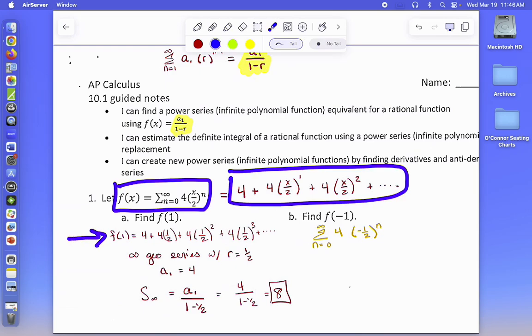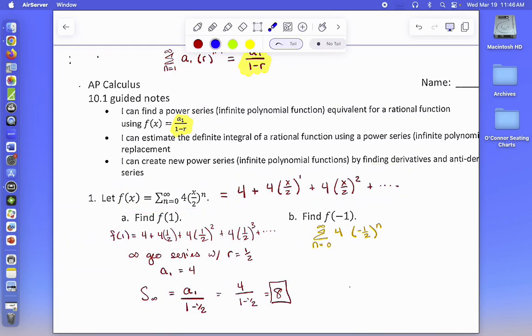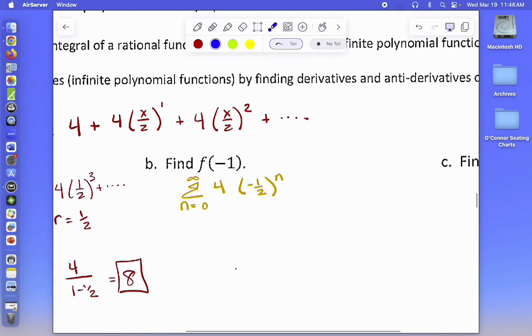For my first one, I used the expanded form, and I said, oh, it's a geometric series. For my second one, I already know this is a geometric series, so I'm going to leave it in the summation format, and I'm going to notice that this is an infinite geometric series with my common ratio equal to -1/2, which means that my infinite sum is going to be my first term.